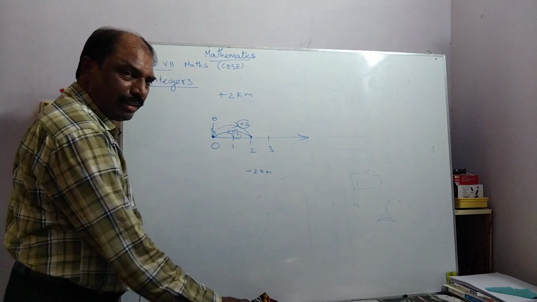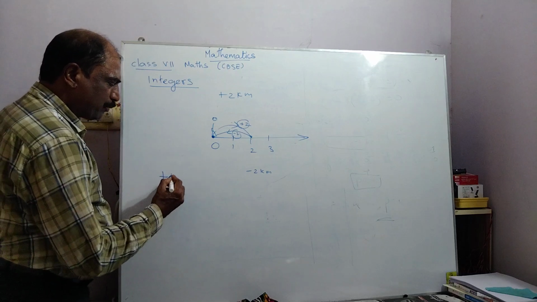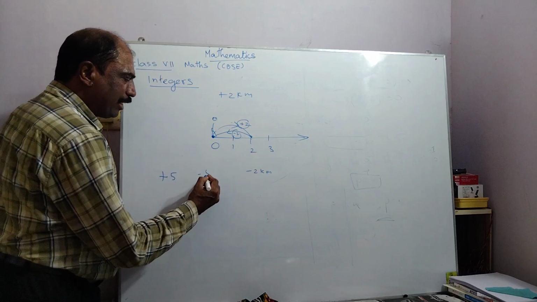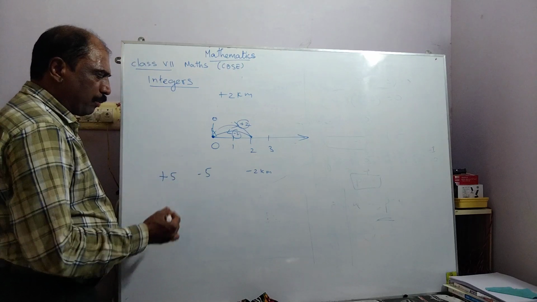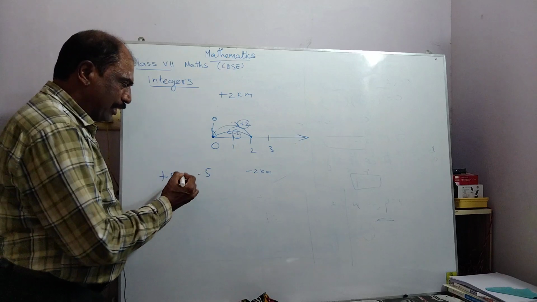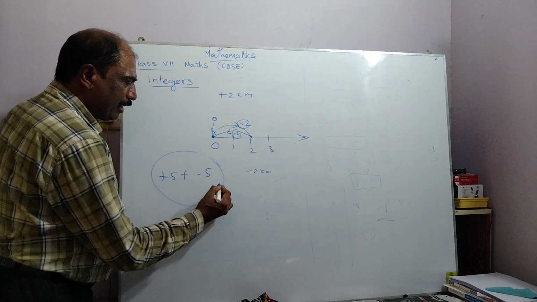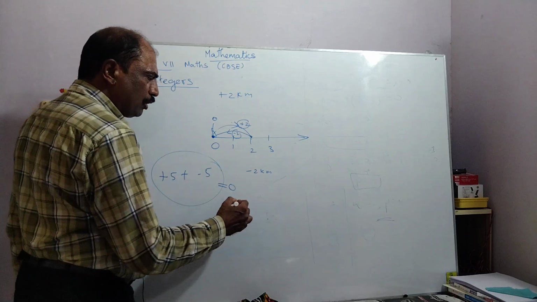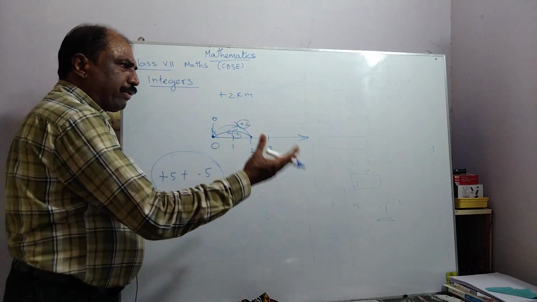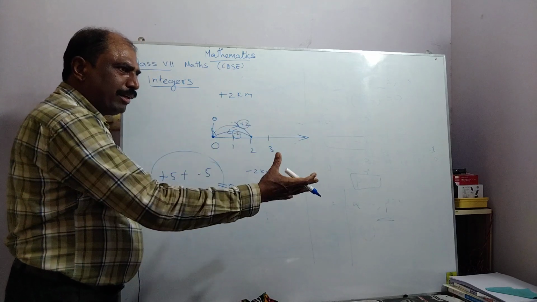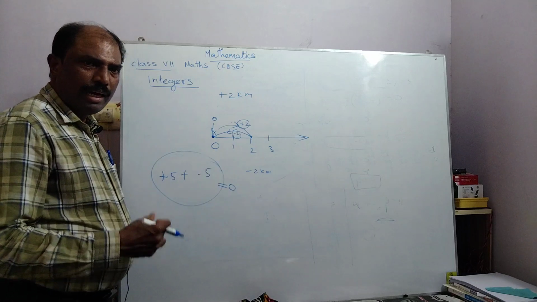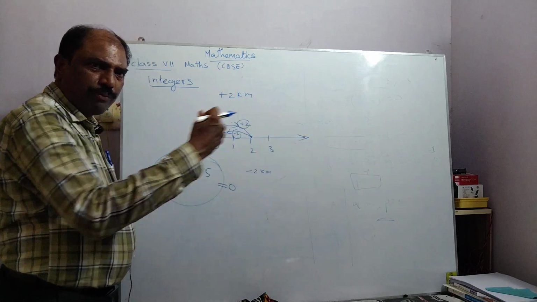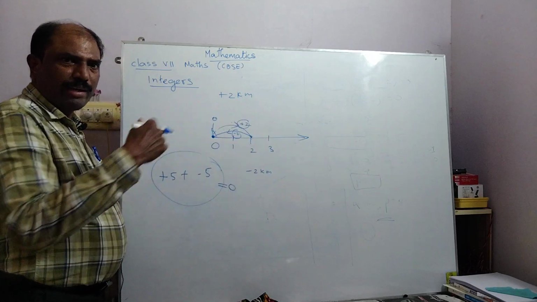0 means nothing. Suppose plus 5 and minus 5 are added together, that gives a net 0. Same like this, suppose you give 5 rupees to your friend, for him it is plus 5. And you take the same 5 rupees from your friend, for him it is minus 5.